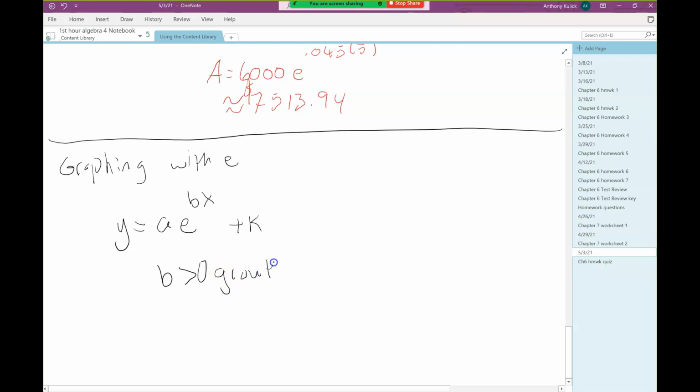And here, that coefficient on the x is all that we need to determine whether we're growth or, I'm sorry, decay.